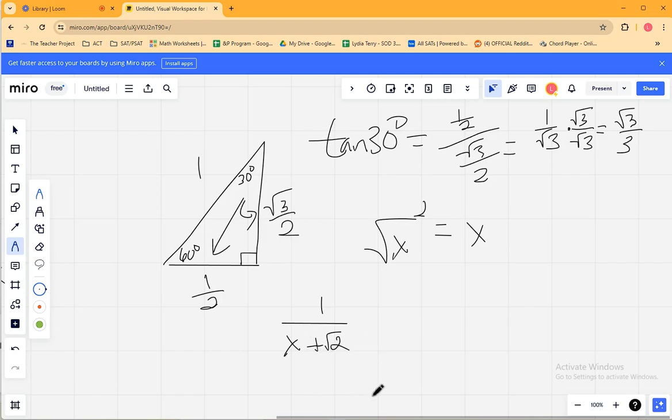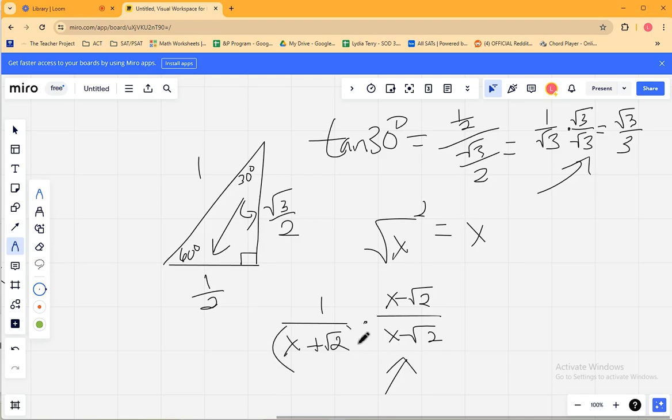Because the square root of 2 is irrational, we have to rationalize our denominator. You're not going to multiply this by x plus the square root of 2 like you would with the previous example. You need to do something different. You're going to multiply this by x minus root 2 over x minus root 2. That's still just one, but you're going to be expected to do this.